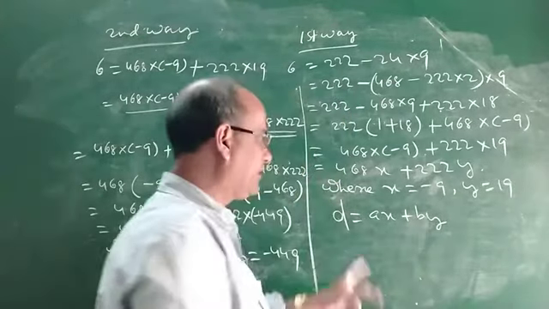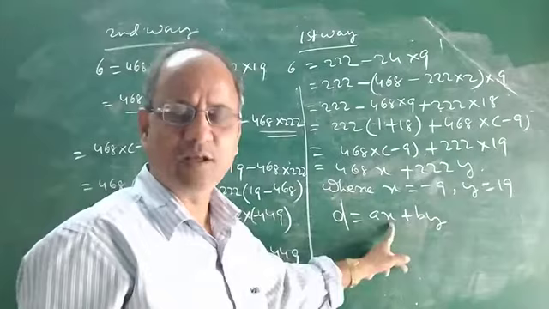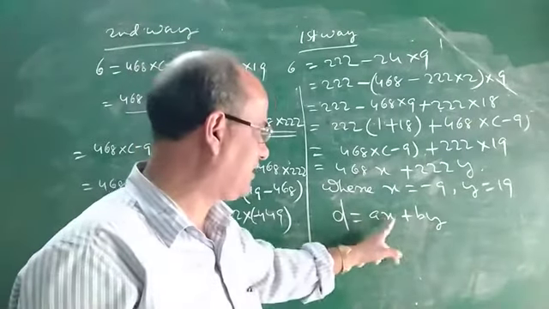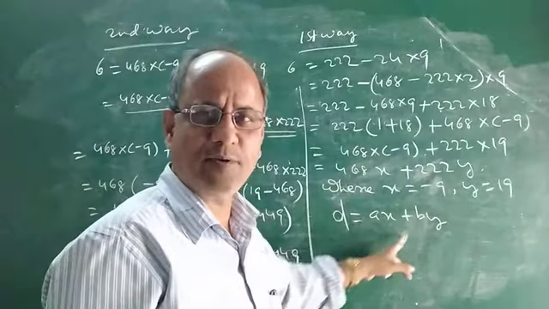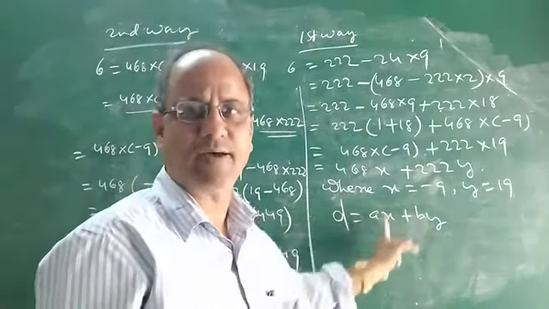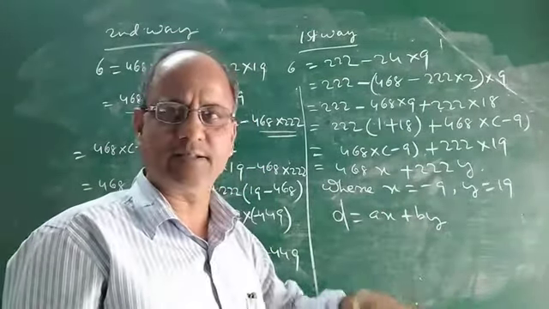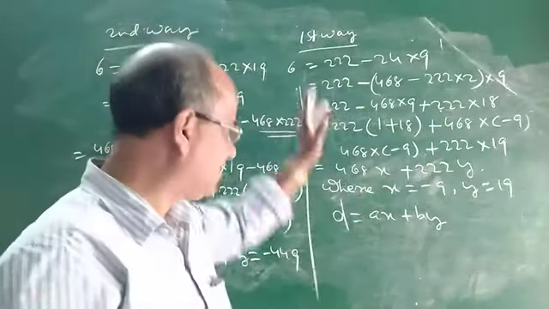D is expressed as a linear combination of A and B, such that D will be of the form AX plus BY, where X and Y are integers, maybe positive, maybe negative. So this is the method.